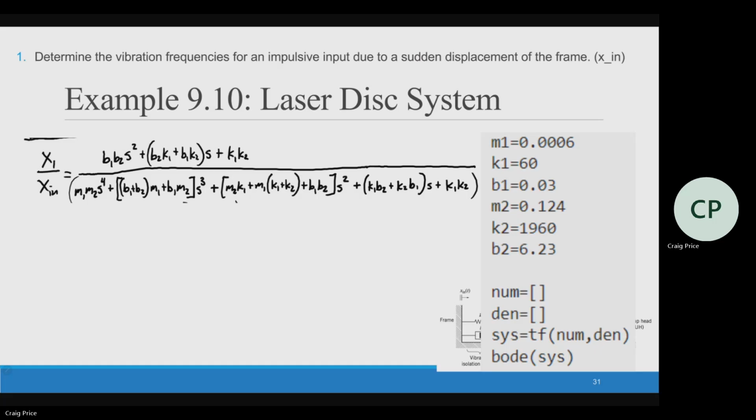And again, our goal is to find the vibration frequencies in the Bode plot.